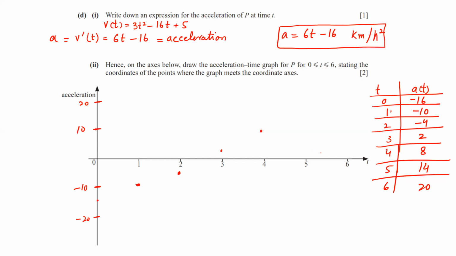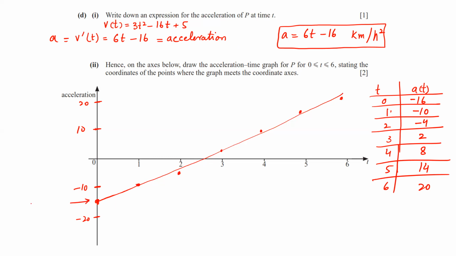At 5, the value is 14. At 6, the value is 20. So remember, this is a straight line, so you will be getting a good straight line with all these points together. So again, use a ruler and draw a good straight line.